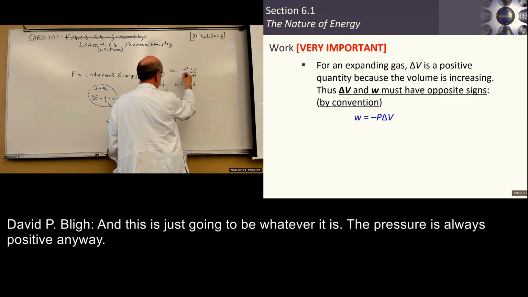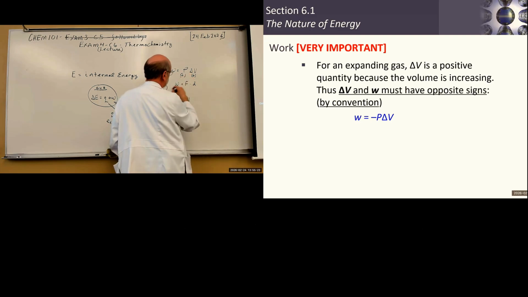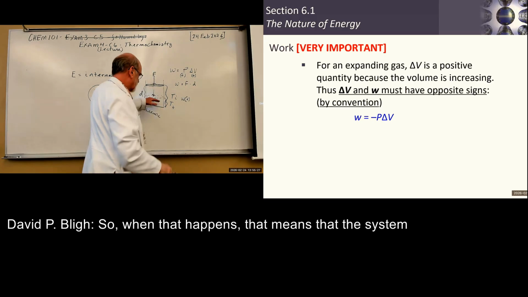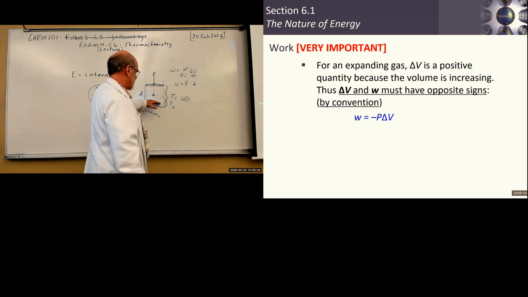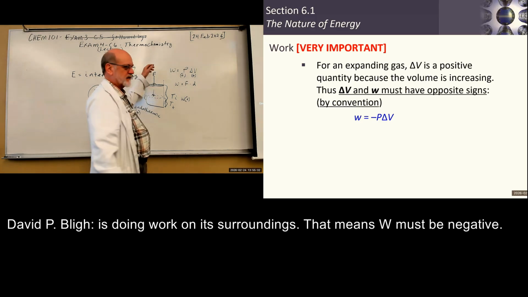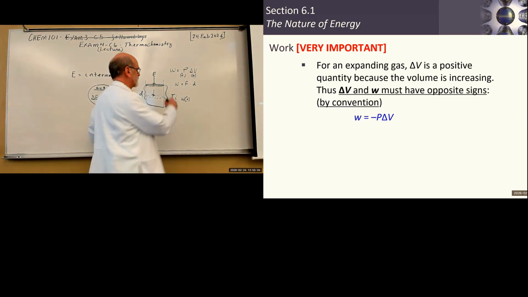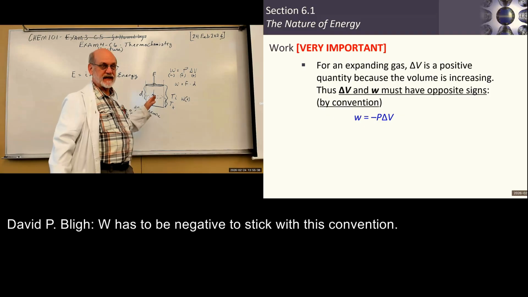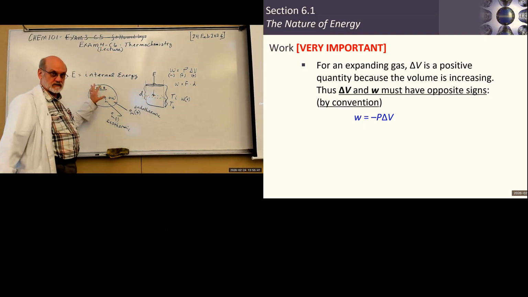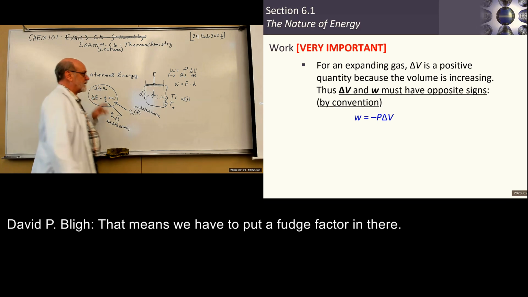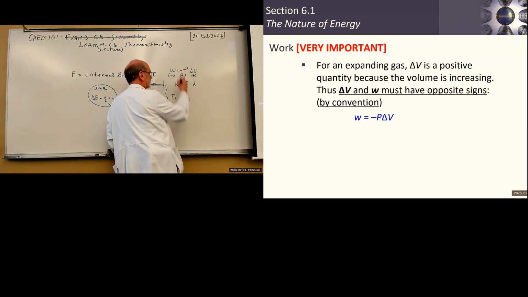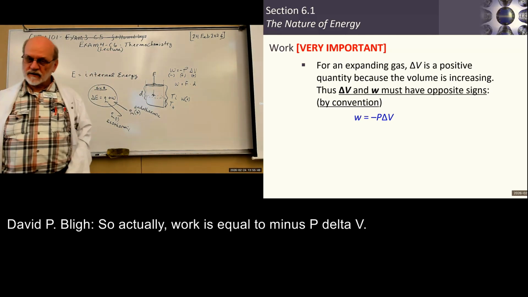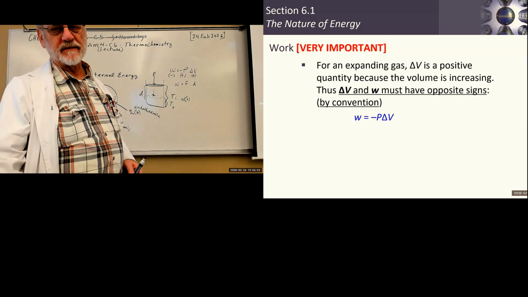The pressure is always positive anyway. So when that happens, that means that the system is doing work on its surroundings. That means W must be negative. W has to be negative to stick with this convention. That means we have to put a fudge factor in there. Stick a negative. So actually work is equal to minus P delta V.